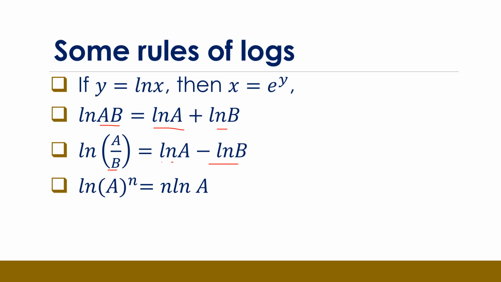The logarithm of a number a raised to power n is simply equal to n times the logarithm of a. The natural logarithm of e, where e is equal to 2.71828, is equal to 1. And the logarithm of 1 to any base is equal to 0.